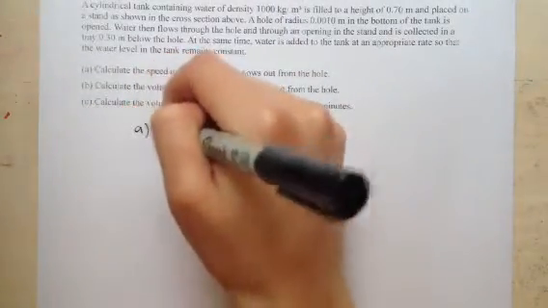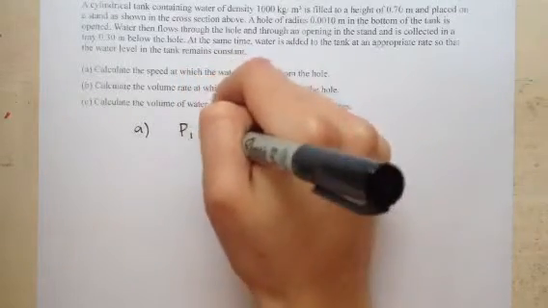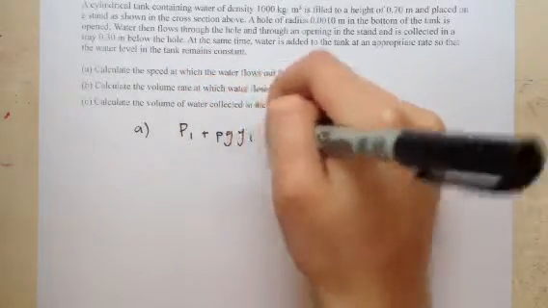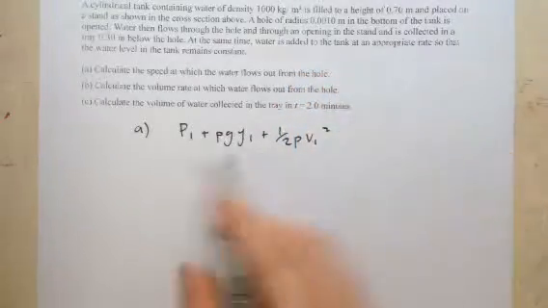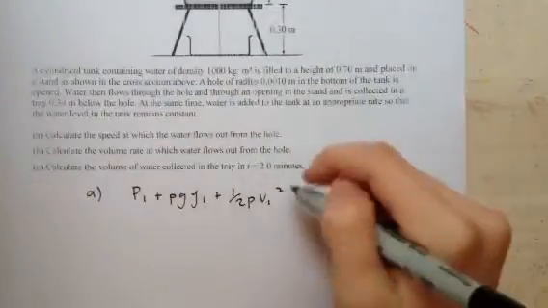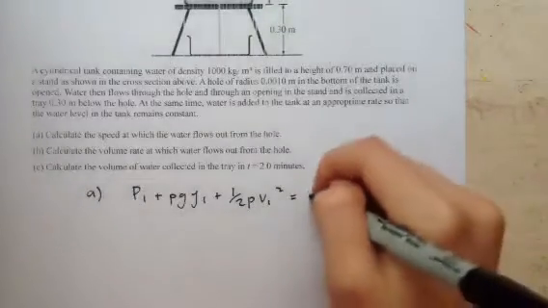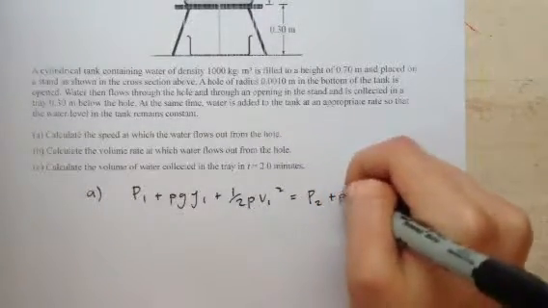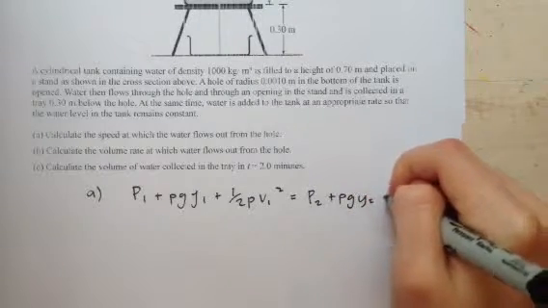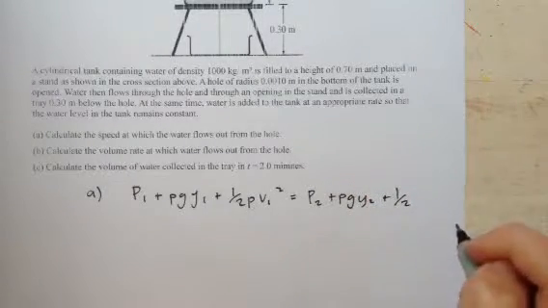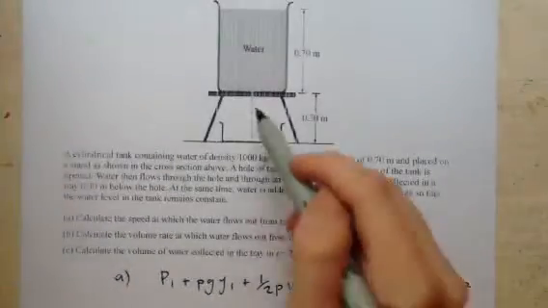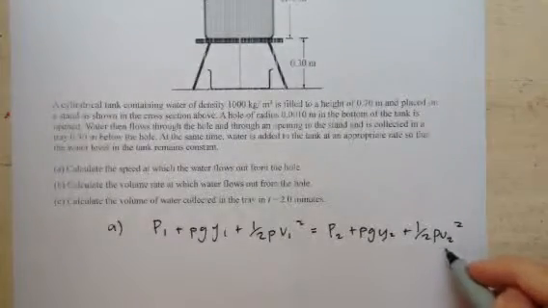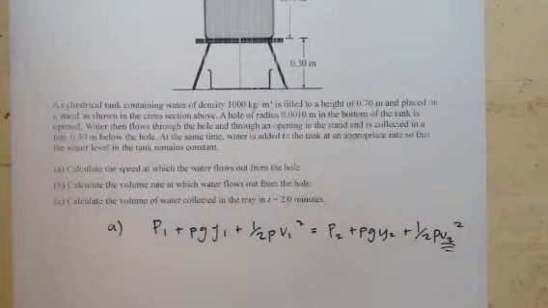So part A, we have pressure, so this is all dealing with point 1, which is up here. And that we set it equal to, and this is point 2, which is at the hole. And we're trying to find the velocity.